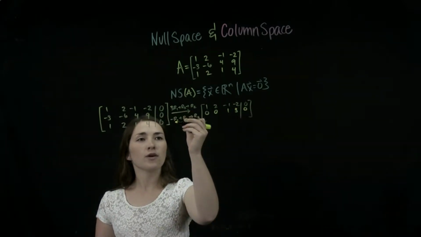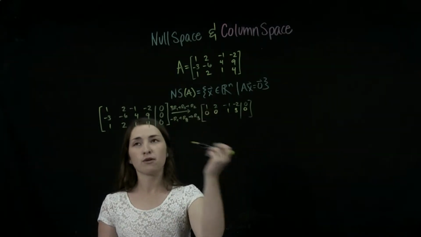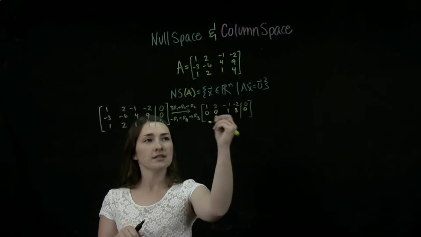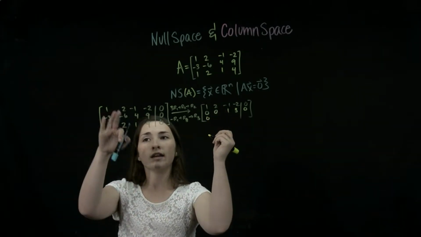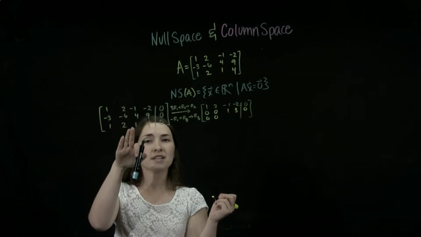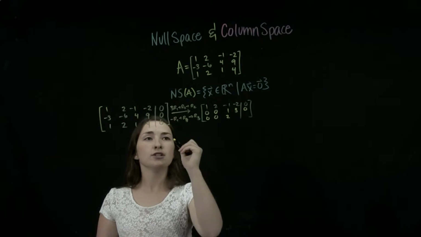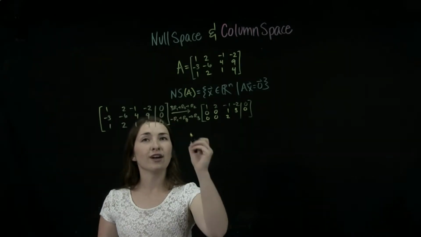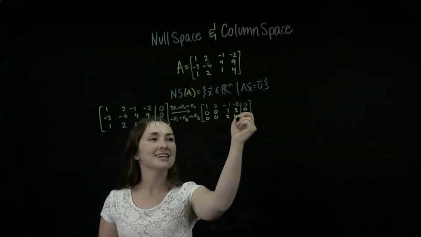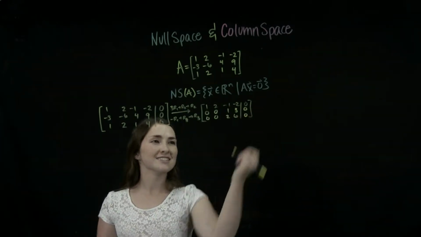And then we're going to do our next row operation, and we're going to take negative row 1 plus row 3. So we have negative 1 plus 1 is 0. Negative 2 plus 2 is 0. Negative 1 times negative 1 plus 1 is going to be 2. Negative 2 times negative 1 is going to be 2 plus 4 is 6. And then negative 1 times 0 plus 0 is 0.